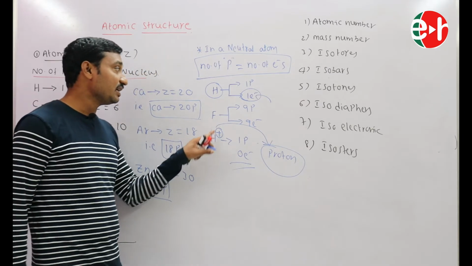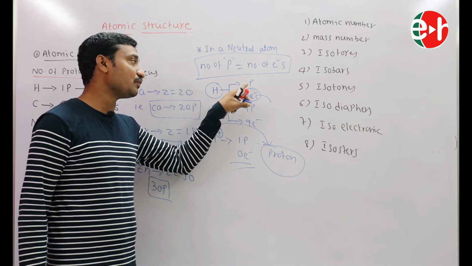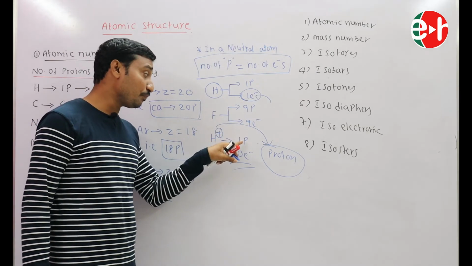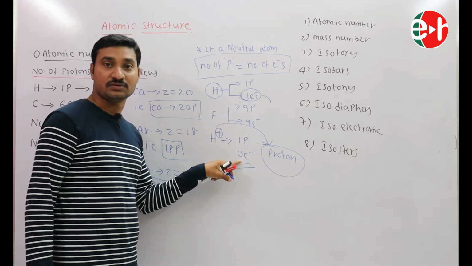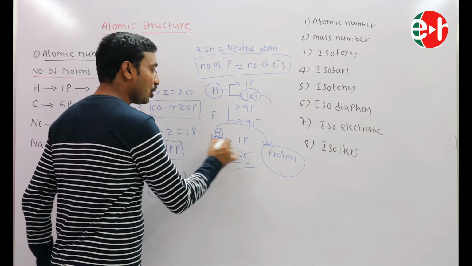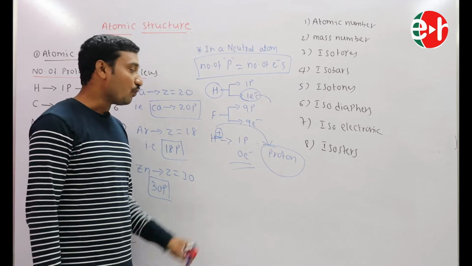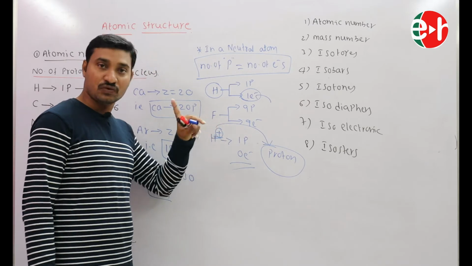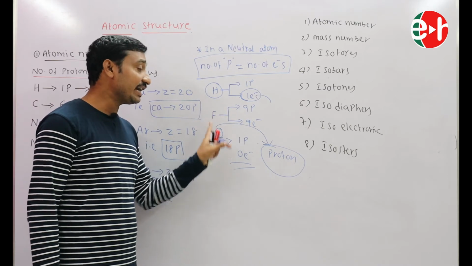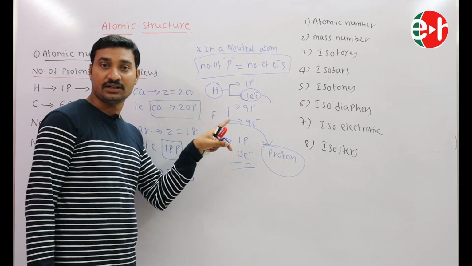So in a hydrogen atom there is 1 proton and 1 electron, but in H plus only 1 proton and 0 electrons. Positive charge means it lost electrons. 1 positive charge means it lost 1 electron. 2 positive charge means it lost 2 electrons. N positive charge means it lost n electrons.